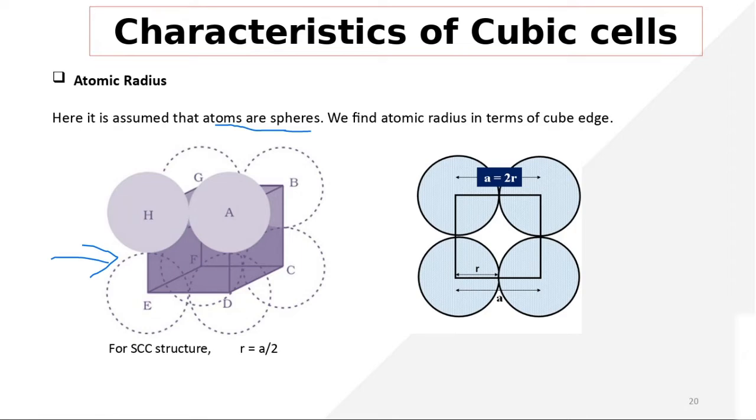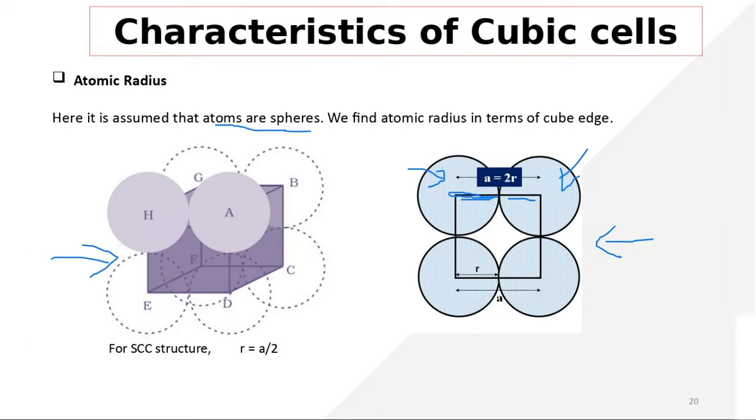If we talk about only this front face, you can see this figure. All the atoms are touching each other, and each atom is like a sphere with radius r. So if r is the radius for this particular atom and r for this other atom, what is the cube edge?